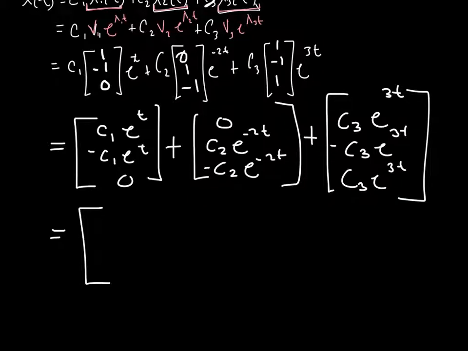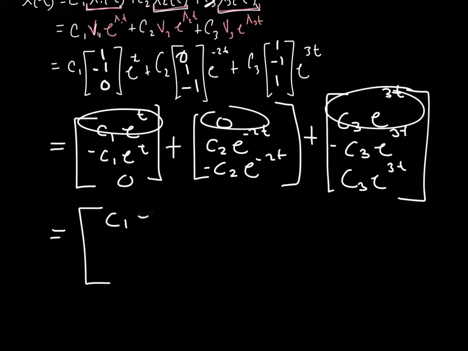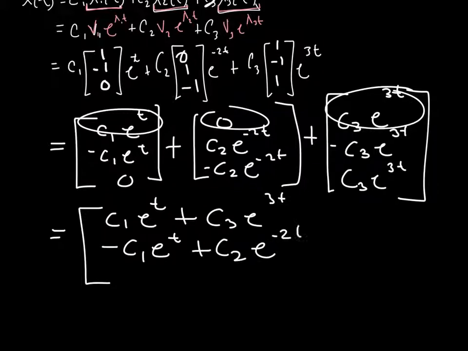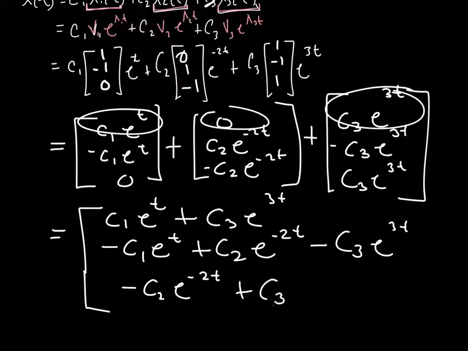Adding the rows, we get C1 e to the t plus C3 e to the 3t, then negative C1 e to the t plus C2 e to the negative 2t minus C3 e to the 3t, and finally negative C2 e to the negative 2t plus C3 e to the 3t.